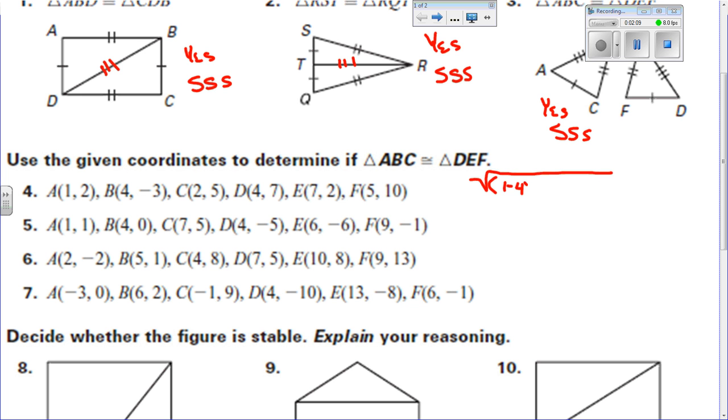So it's 1 minus 4 squared plus 2 plus, because it's minus a negative, 3 squared. Gives you negative 3 squared, which is 9, plus 5 squared, which is 25. So square root of 34. So AB is the square root of 34.